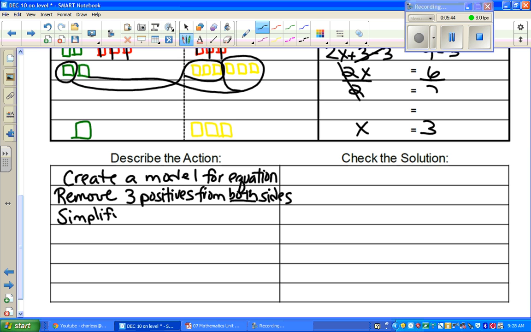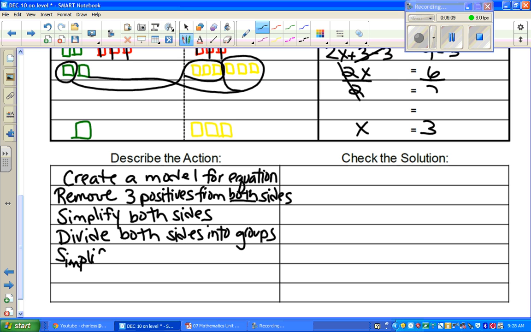Then we're going to simplify both sides. Then we're going to divide both sides by 2 for groups of 2. Then we're going to simplify our answer on both sides again.